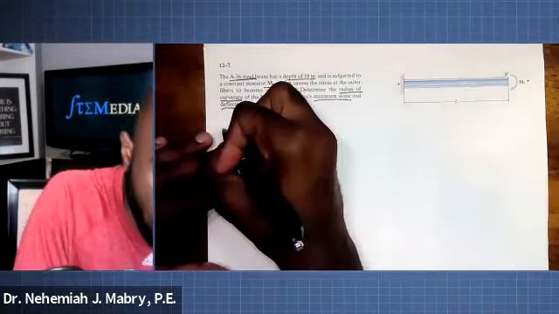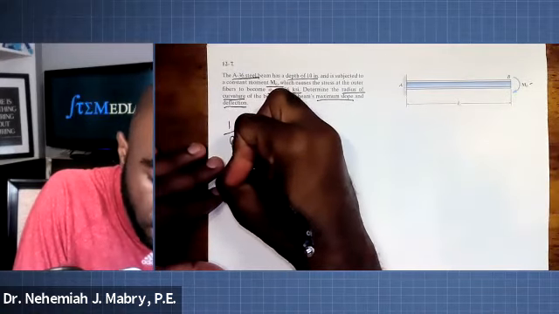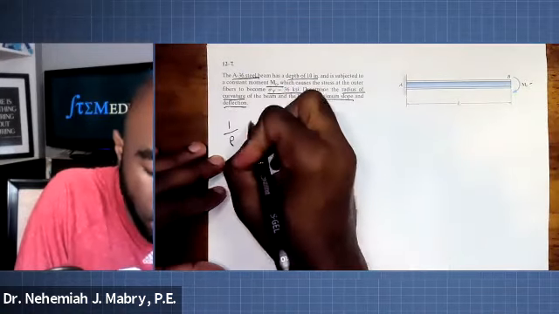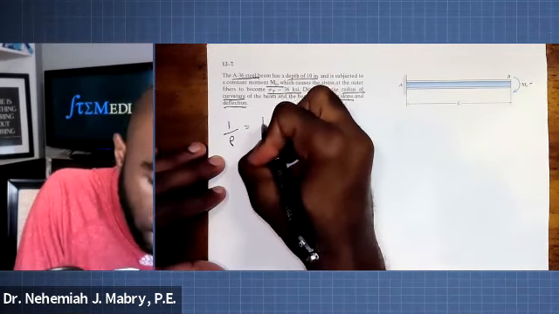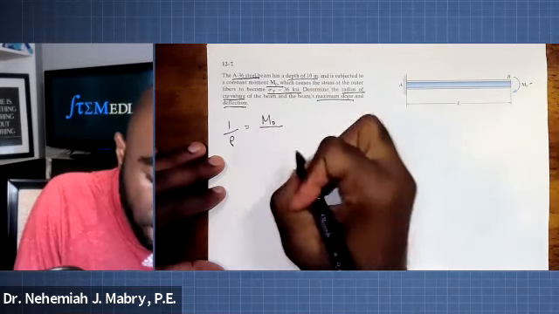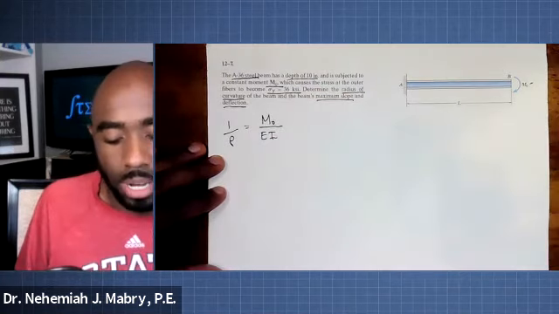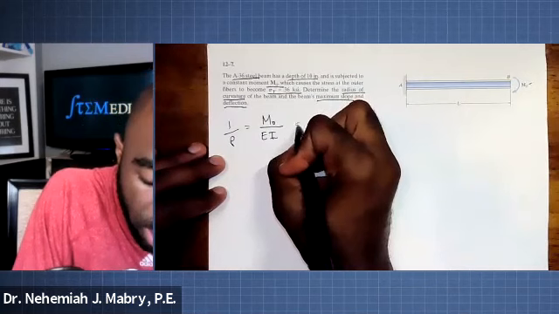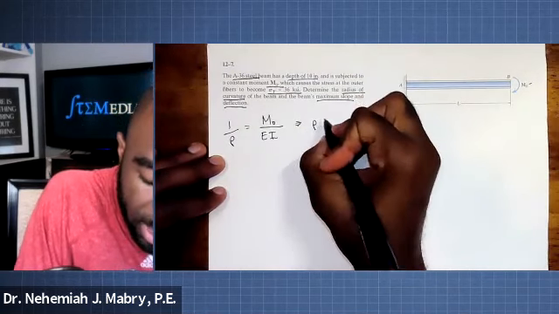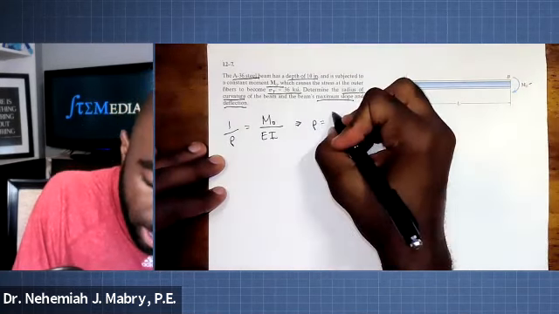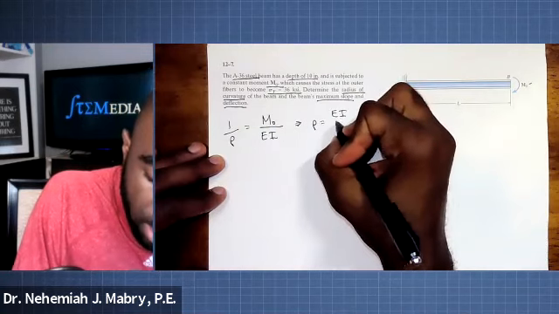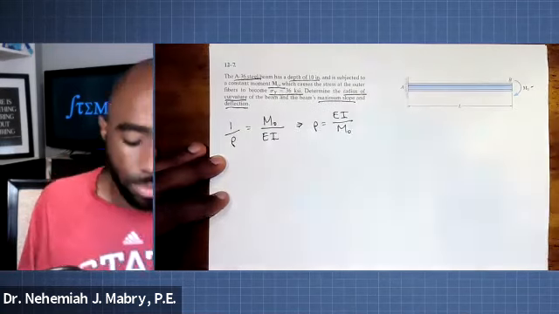To start things off, let's begin with the radius of curvature equation that we understand and know, and that is as so. The moment is M sub naught over EI. In order to solve for the radius of curvature, let's isolate rho, and that is going to be written as EI over M sub naught.